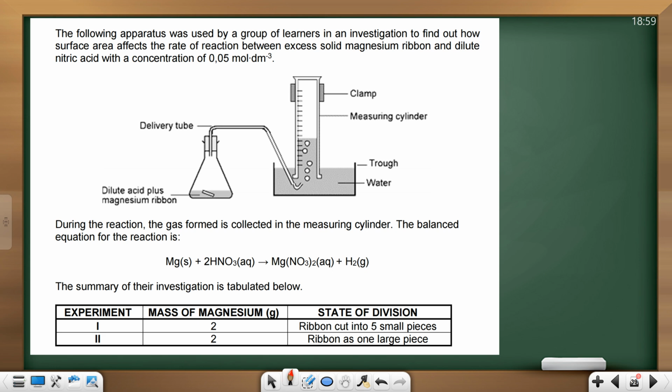You throw both on water. Which one gets wet faster? Is it the squeezed one or the plain one? The plain one. The one with the larger surface area would have a faster rate of reaction. I don't know if all my explanations are making sense to you.